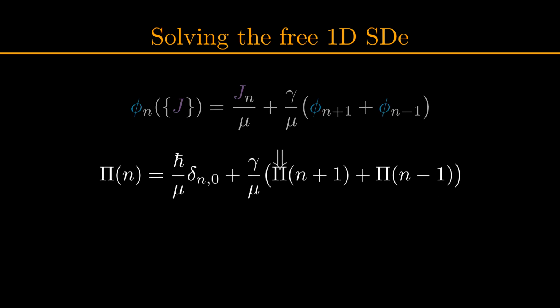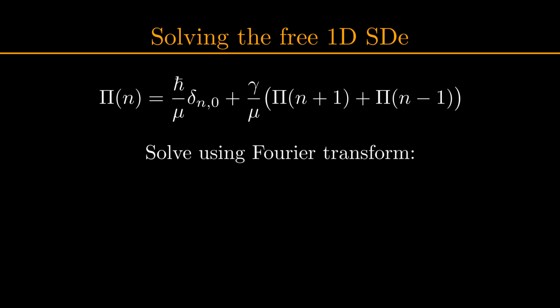The trick is to employ a Fourier transform to shift our variable n to its conjugate counterpart z. We therefore write r of z equals the sum over all n of the propagator, which is a function of n, times e to the minus i n z. This is our second time using generating functions in this video.